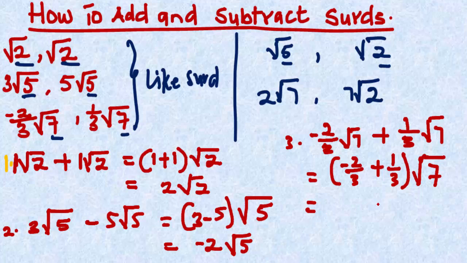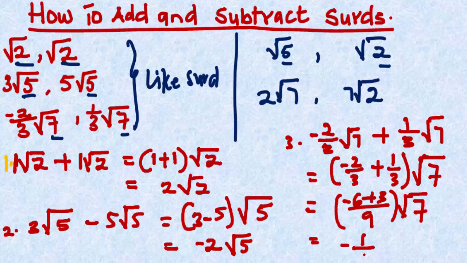So simplifying this, we have negative 2 plus 1 over 3, which is negative 1 over 3 root 7.